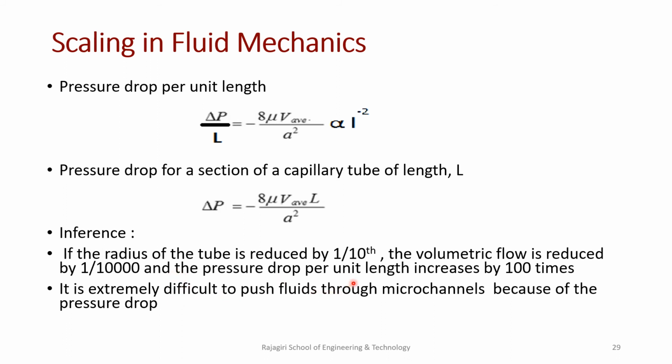And the pressure drop per unit length increases by 100 times because pressure drop per unit length is proportional to L raised to minus 2. It is extremely difficult to push fluids through microchannels because of this large pressure drop.